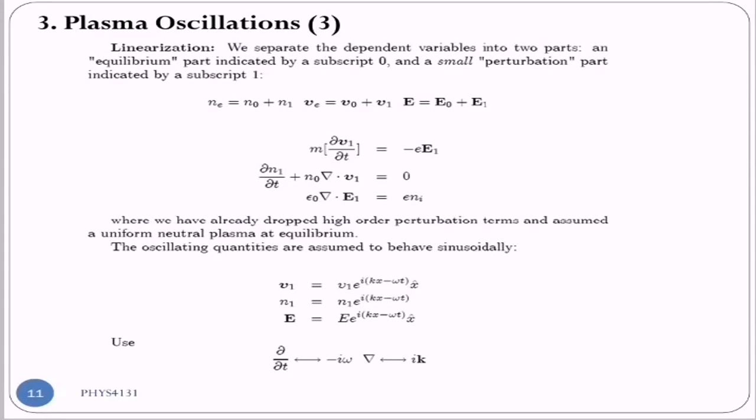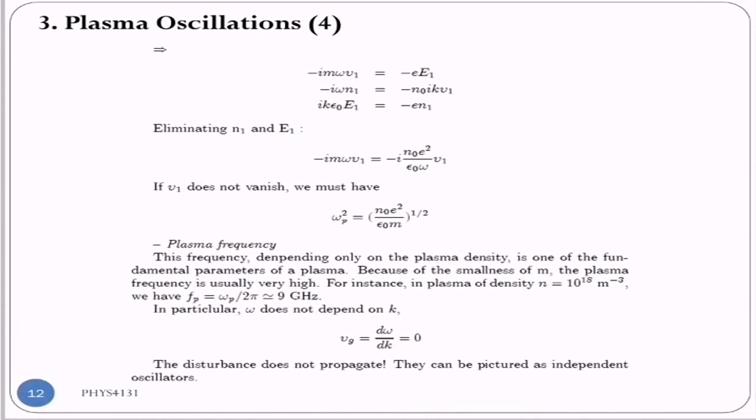To further simplify, we use partial of partial t equal to minus i omega and the differential operator del equal to i k. Using these values in above equations, we obtain three different equations.